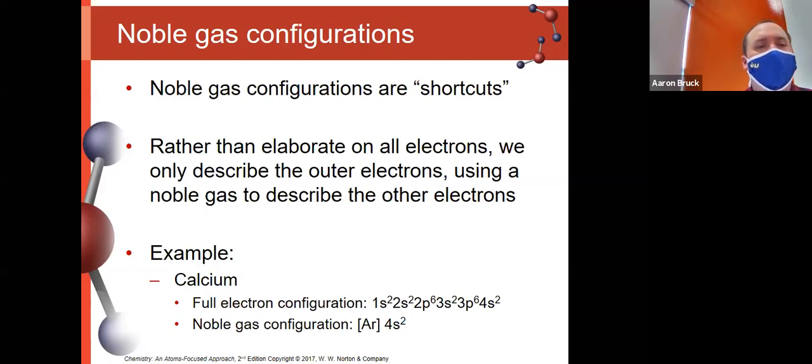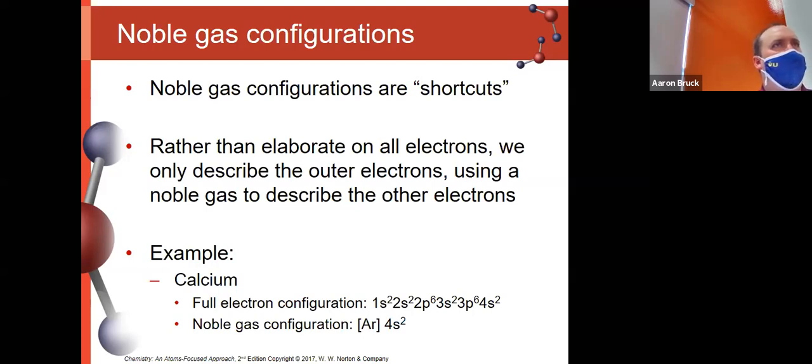So what do we do? One way is through a shortcut. This is called a noble gas configuration. What a noble gas configuration does is it accounts for all of that filled stuff and says, okay, if I go back to the nearest noble gas, I recognize that all of the electrons that make up that noble gas come from completely filled sublevels.